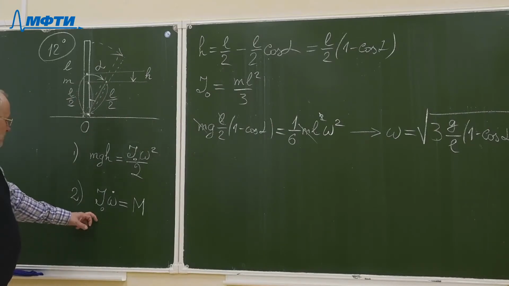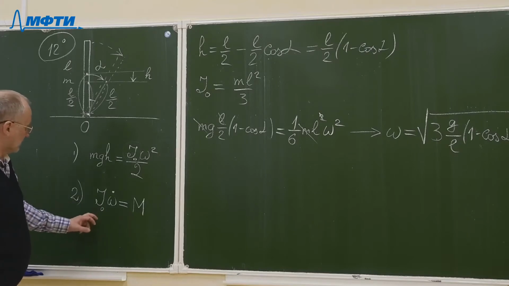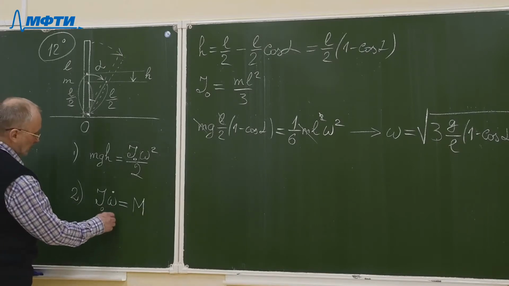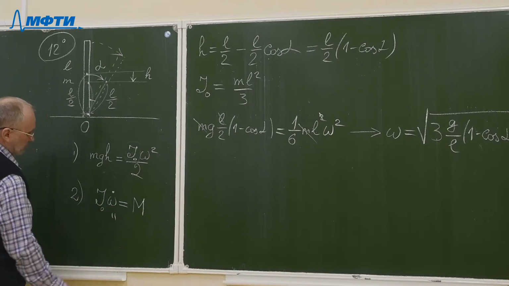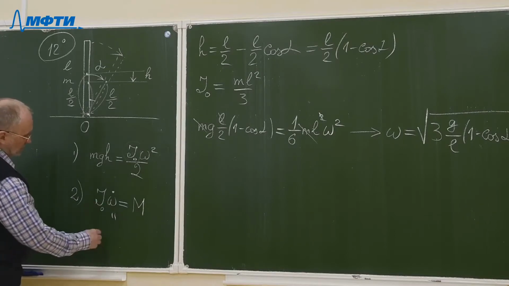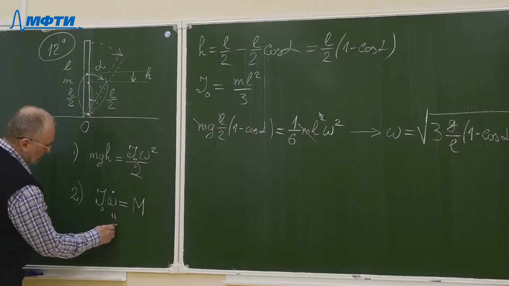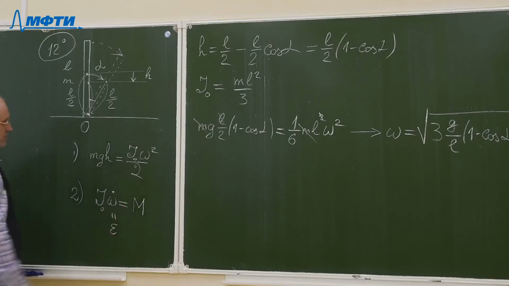What can the second equation give us? This is omega dot. This is a time derivative of angular velocity. By definition, this is angular acceleration, which we have to find in this problem.